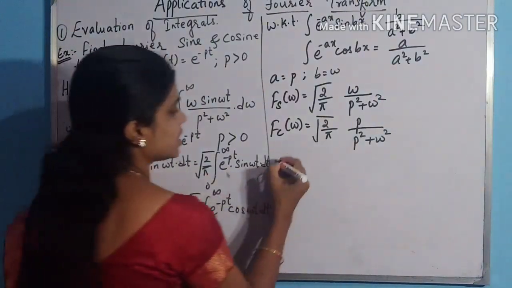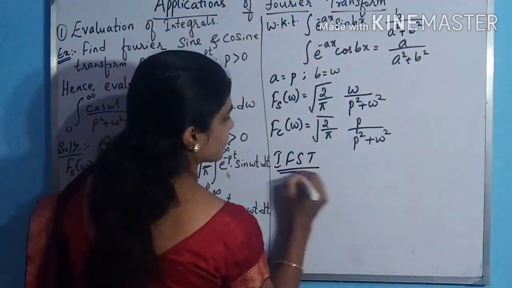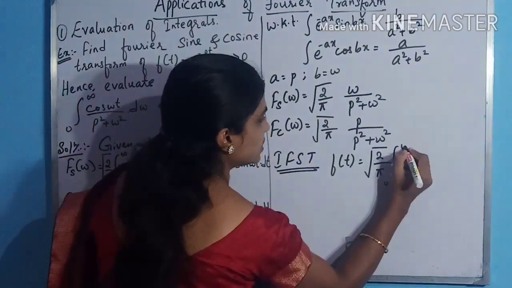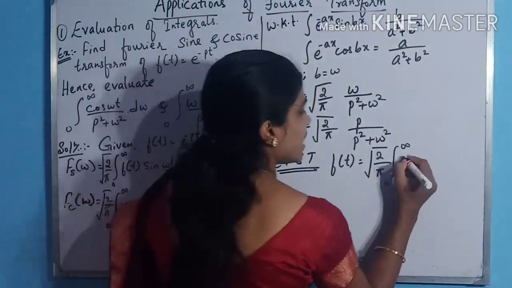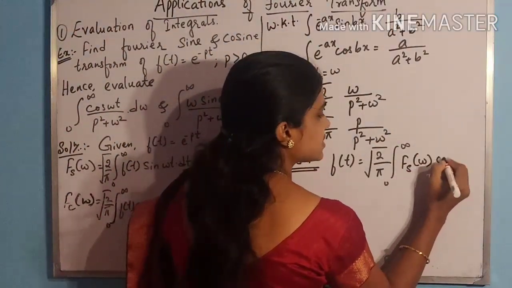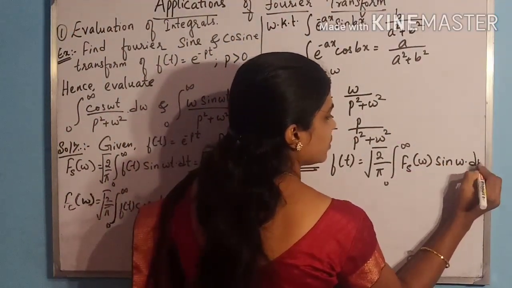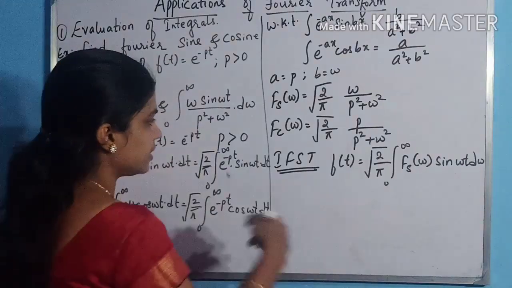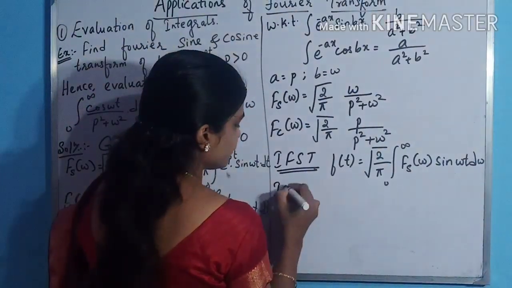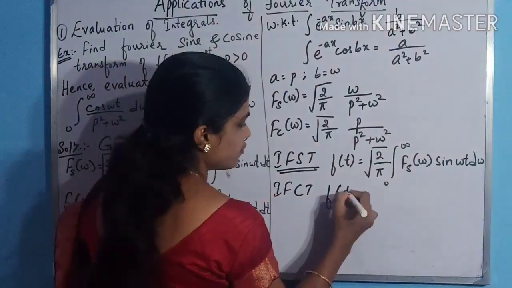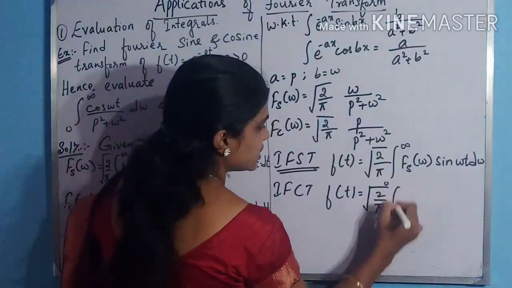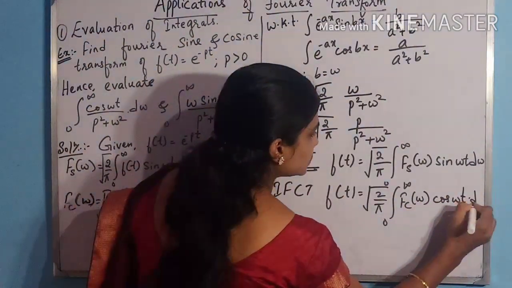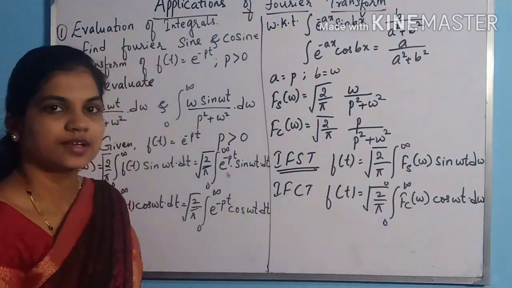What is the inverse Fourier sine transform? f(t) is equal to root 2 by pi times the integral from 0 to infinity of Fs(ω) sin(ωt) dω. And the inverse Fourier cosine transform: f(t) is equal to root 2 by pi times the integral from 0 to infinity of Fc(ω) cos(ωt) dω.